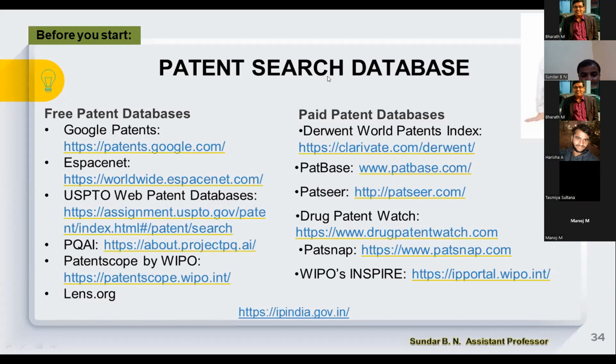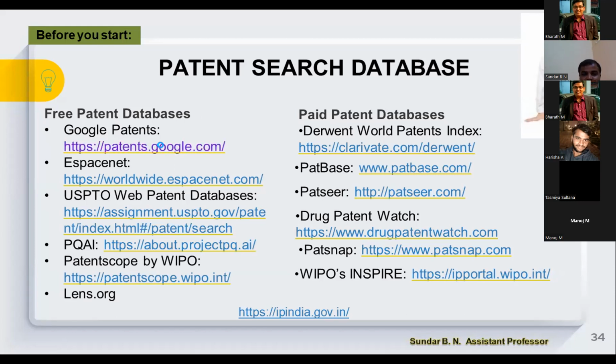And here it is intellectualproperty.india.gov.in. It is an official government website. Here too you can search the database. Now let us search a database here in Google Patents. Like you have seen Google Scholar, there is Google Patents also. So let us see how to search in Google Patents. Okay, it is going to Google only.